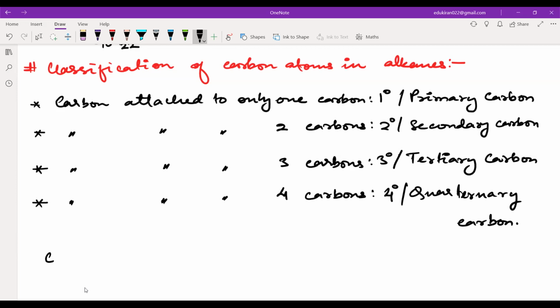Now, if you have just CH3, both of these carbon atoms are what? Write this down. I will give you questions. I think you can identify at least, enough. I don't need to explain much here, right?